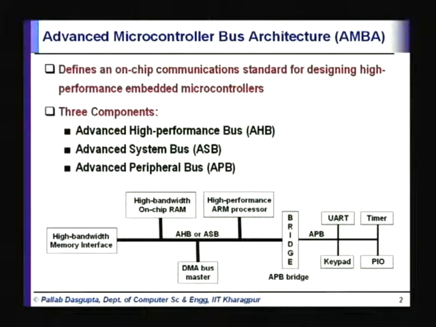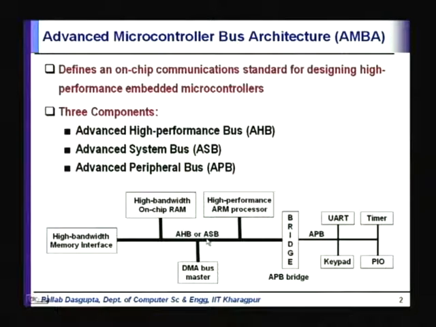So this picture shows the complete architecture of the ARM processor. We have the high performance ARM processor here, and we have the high bandwidth memory interface, the on chip RAM, and the DMA bus master. These are the components which are sitting on a high performance bus. So AHB or ASB is the high performance bus.